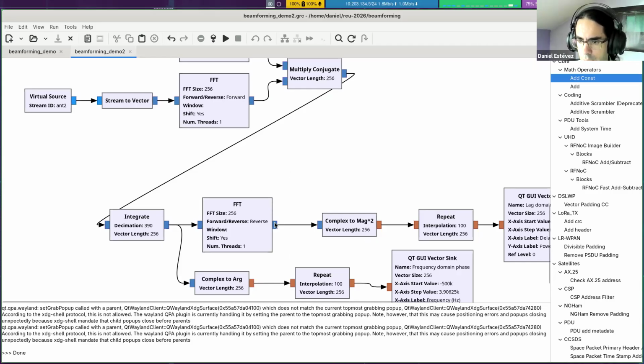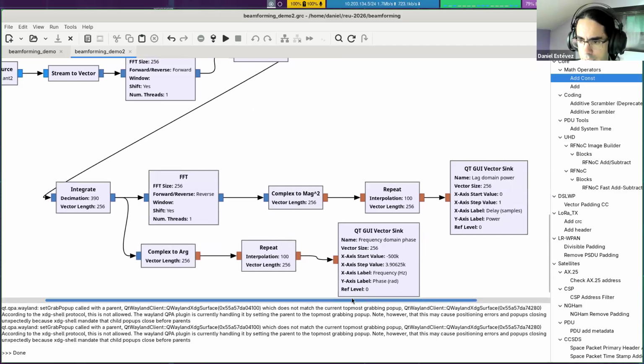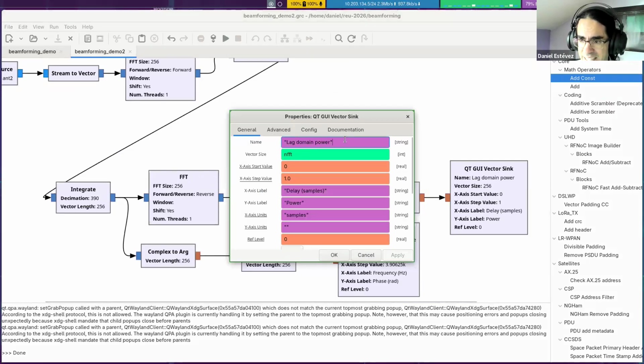So that is the reason why we have this, to see what the delay is, to measure it. The result of the inverse FFT is still a complex number, so we compute the complex magnitude squared, the repeat trick, and then this says lag domain. Lag is a synonym for delay. That's usually how it's called. And that's it. The x-axis is in units of samples, so we have 0 samples and then steps of 1.